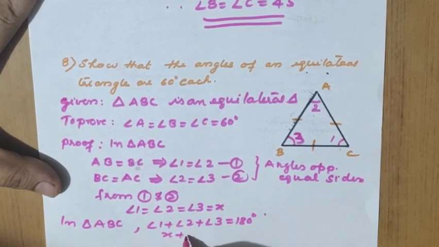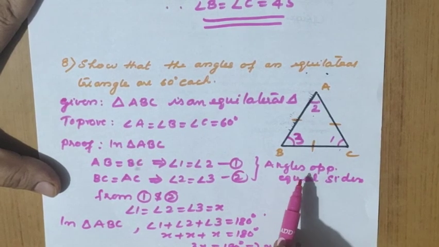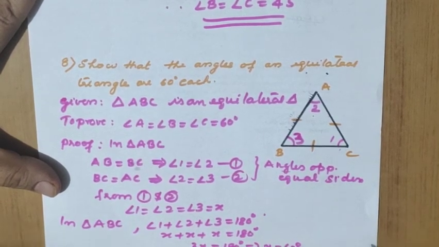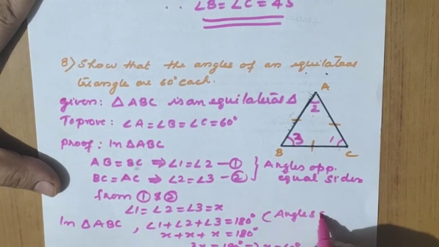That means x plus x plus x equal to 180. So 3x equal to 180, x equal to 60. Easy, we can use angle sum property and prove. That doesn't mean here because we should use this concept, angles opposite to equal side. Here I should write angles opposite to equal side.